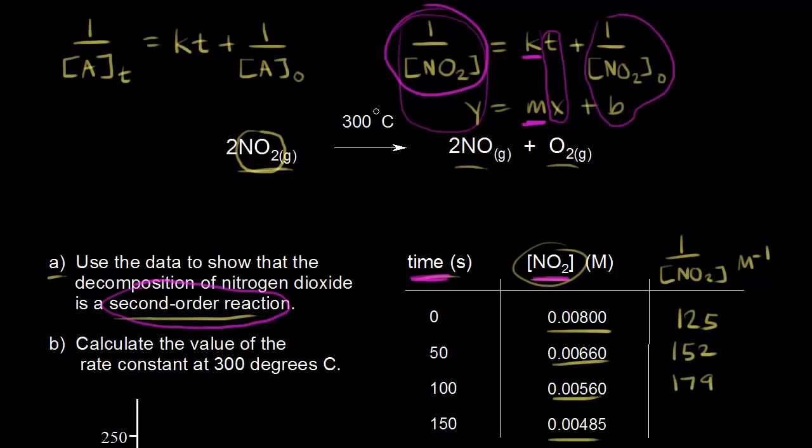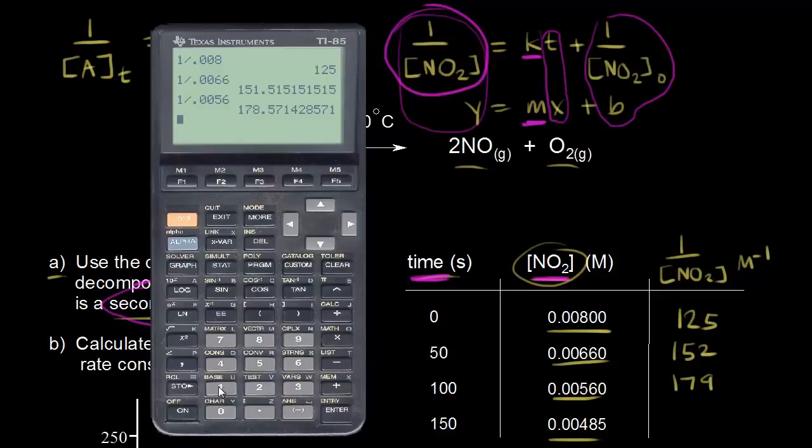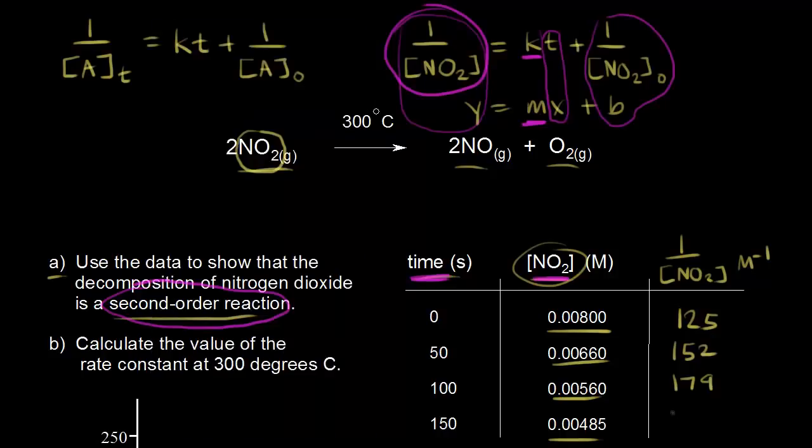And then finally, we have our last one, which is 1 divided by 0.00485. And we get 206. And so we know this is going to go on our y-axis, right? And time is going to go on our x-axis.